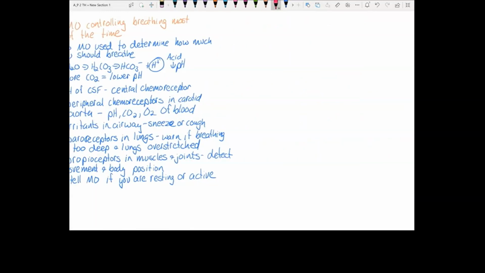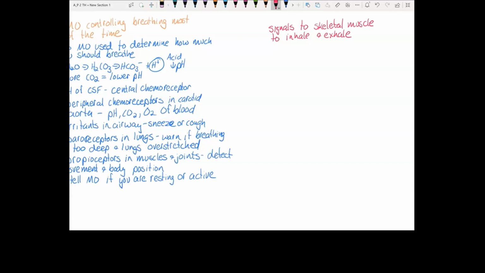So the red lines are the signals to your skeletal muscle, telling them to make you inhale and exhale. Okay, so you're basically either going to breathe more or breathe less.